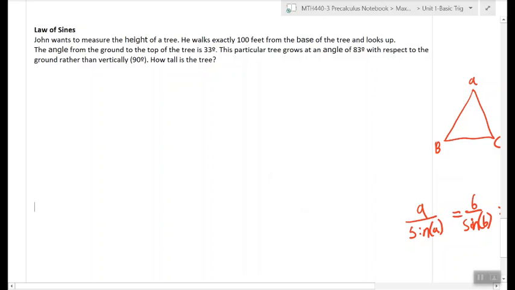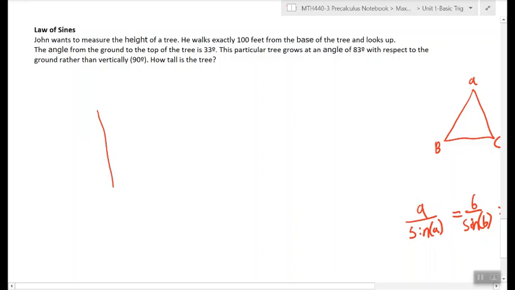He walks exactly 100 feet from the base of the tree and looks up. The angle from the ground to the top of the tree is 33 degrees. This particular tree grows at an angle of 83 degrees with respect to the ground rather than a vertical 90. How tall is the tree?